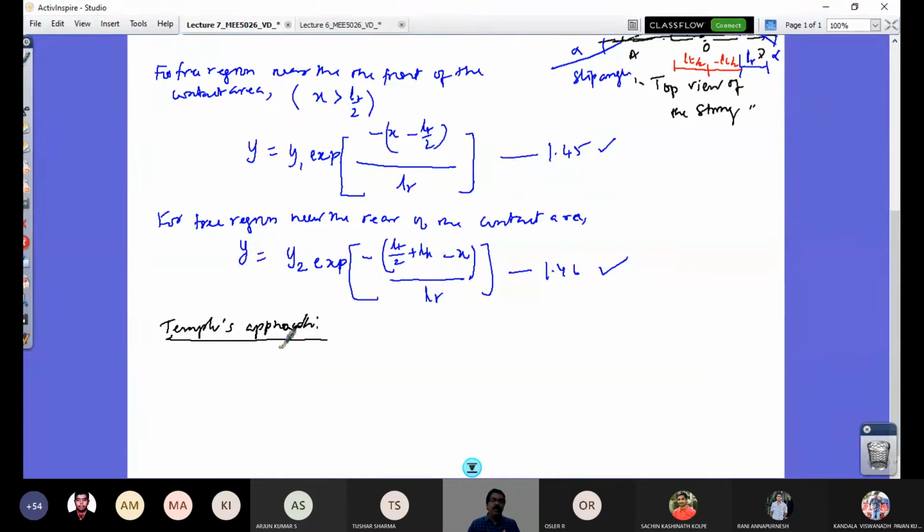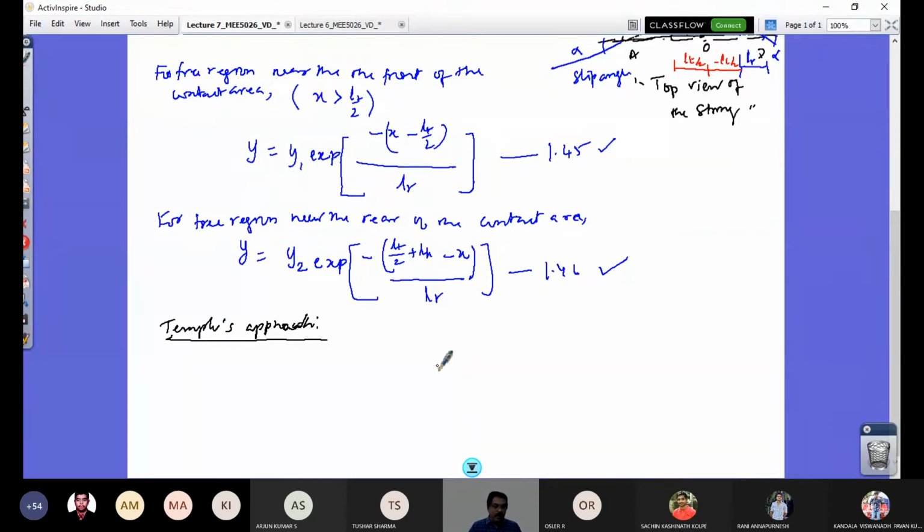So we have got an elemental force now. What is that? It is dfx, df1 plus df2. So integrate that in the contact patch exerted on the tire over the contact length, but also include an infinitesimally small length of the contact patch outside the contact length. So that's what is proposed by Temple.